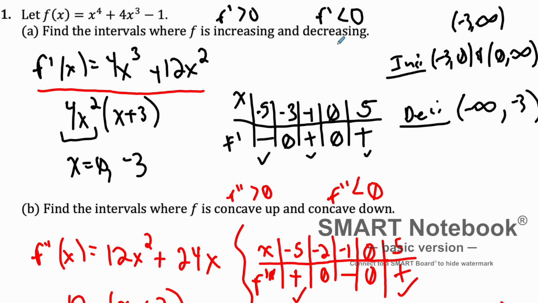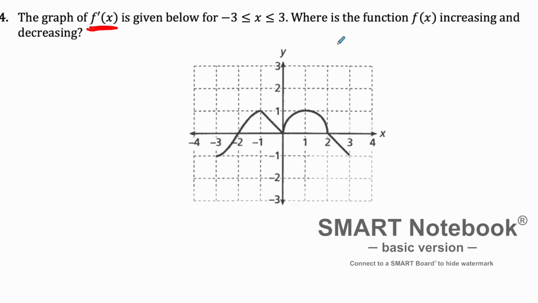Okay, so we need to first of all go to our graph and find out where it is 0. So -2, 0, and 2. Okay, and now I need to see where it is positive for increasing. So the increasing is where the graph is positive, not where the slopes are positive, but where the graph is positive, because the graph f prime is the slopes.